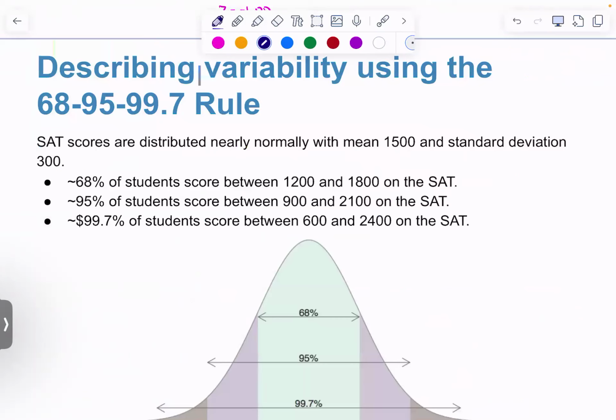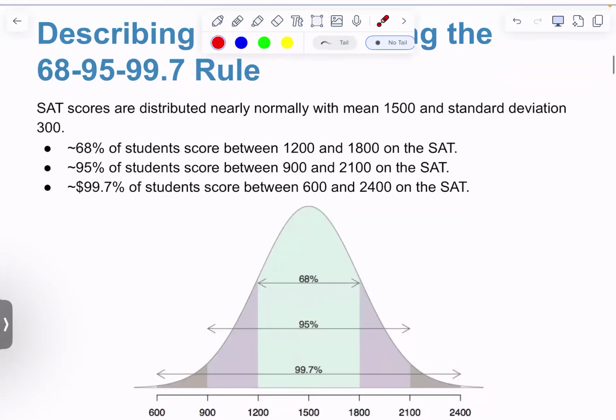So for example, we have that SAT scores, right? SAT scores are distributed nearly normally with a mean of 1,500 and a standard deviation of 300, which means if I go from 1,500 and I go down 1 standard deviation and up 1 standard deviation, right? What would that look like?